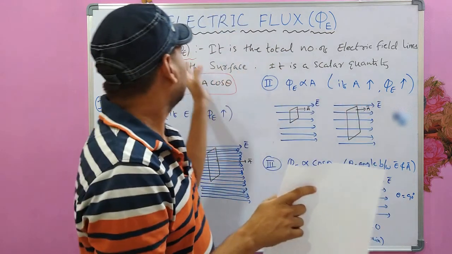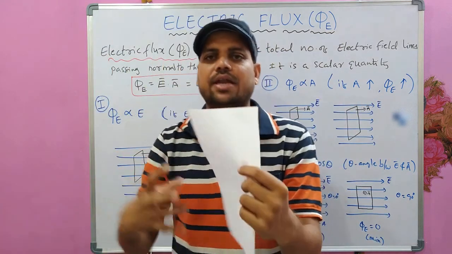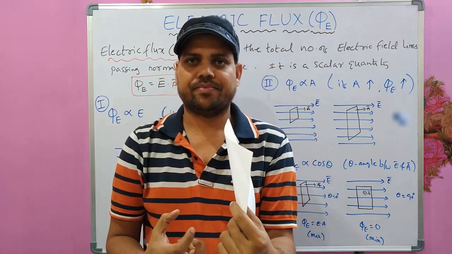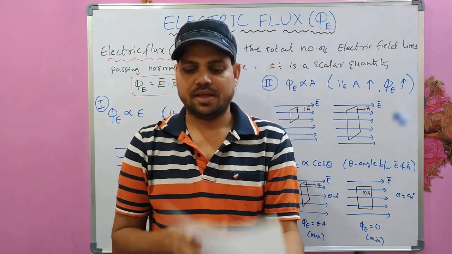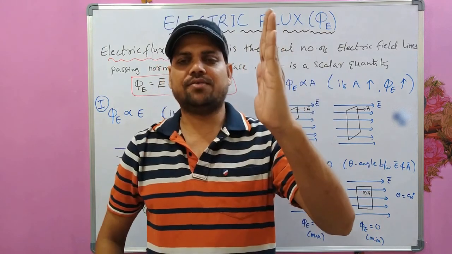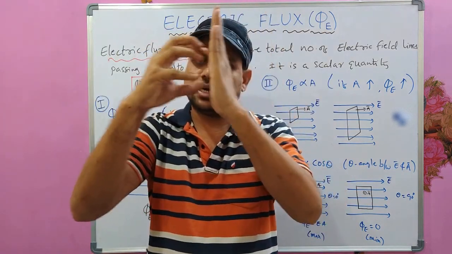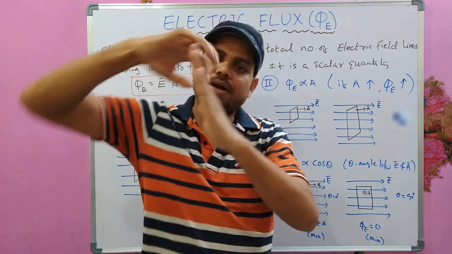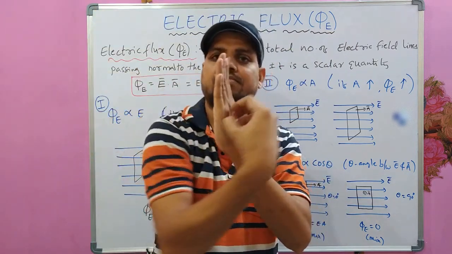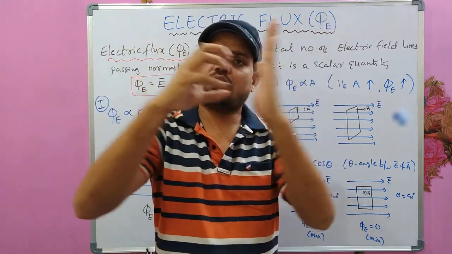So in the place of air, you can imagine electric field lines. You can just see, this is the surface and these are the electric field lines, and the electric field lines that are passing perpendicular to the surface are called electric flux.